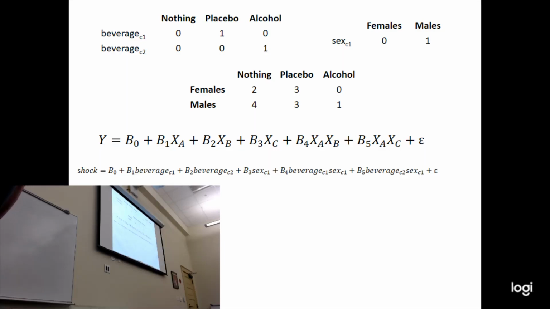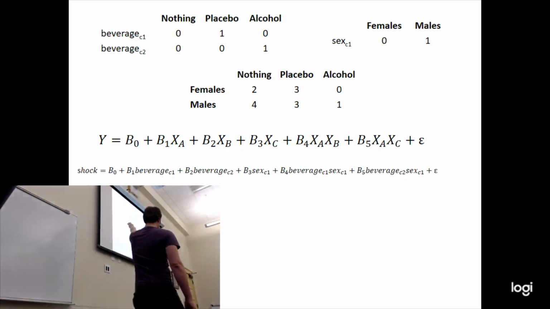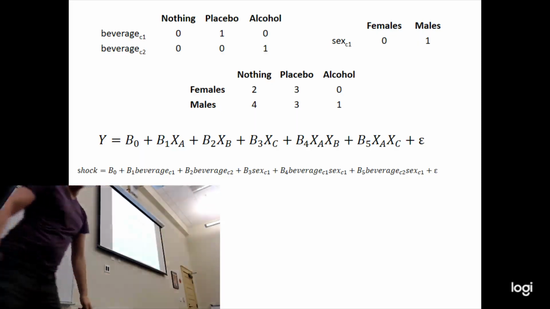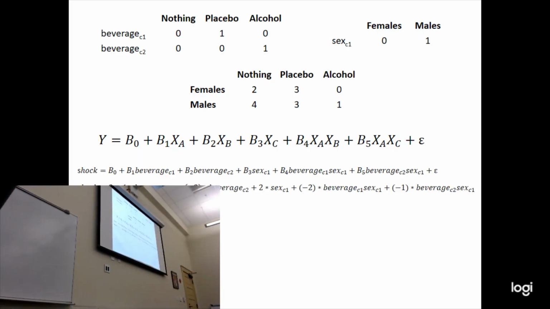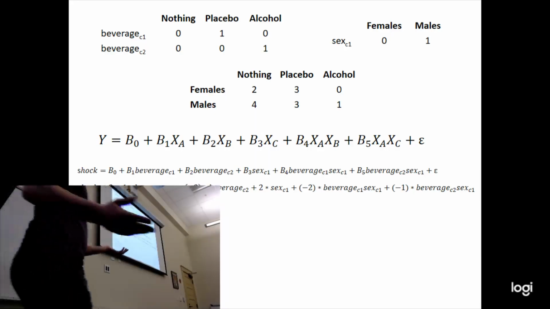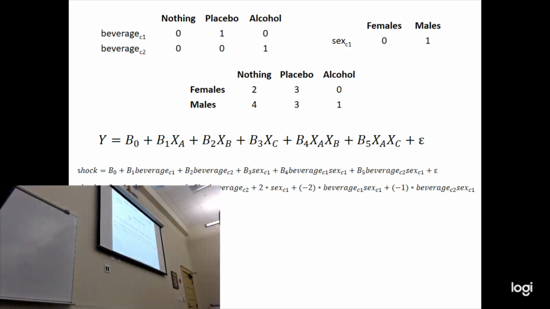Each of these coefficients represents a specific quantity that you can calculate from the table of means. Here I'm just replacing the generic x's with the actual variables that will go in. And if you go through that long process of thinking about how the contrasts connect up to the means, these are the coefficients that you get.